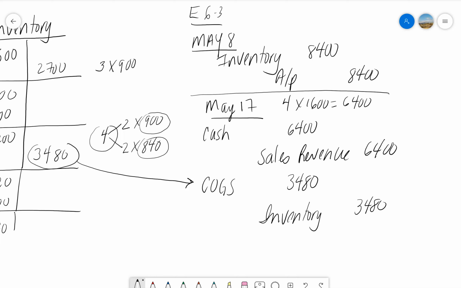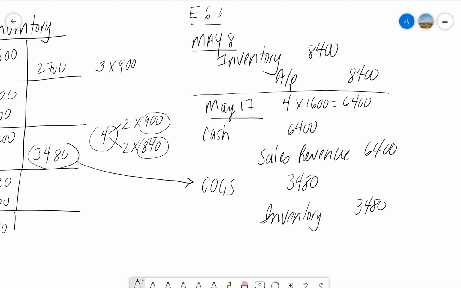Now we're going to go and look at exercise 6-4, and we're going to go back to the same data for 6-2, but now we're going to use what we call the moving weighted average cost method. Now remember, the moving weighted average cost method, that's useful if we're selling, for example, non-perishable, bulk type items. And so we're just going to use the same data.